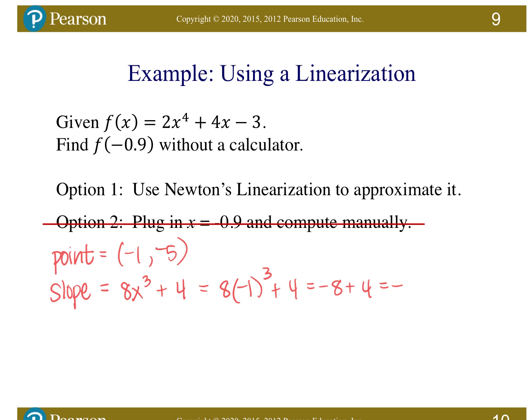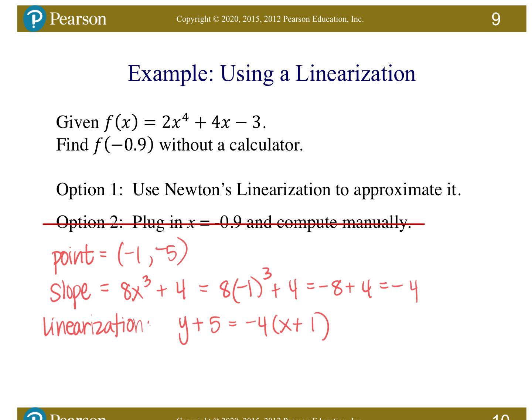Sorry, negative 4. All right, then we're going to write our linearization, which is just another word for tangent line. So the linearization would be y plus 5 equals negative 4 times x plus 1.